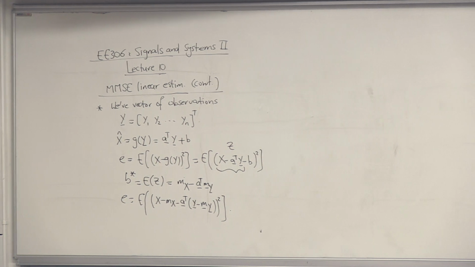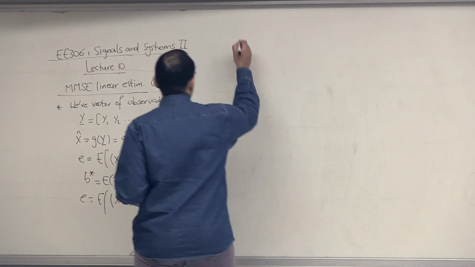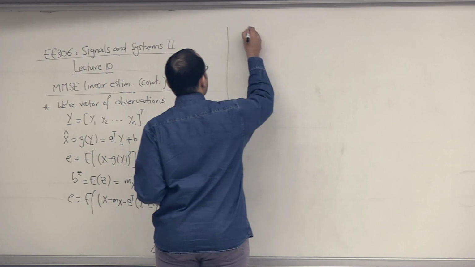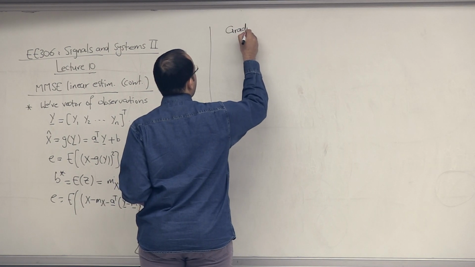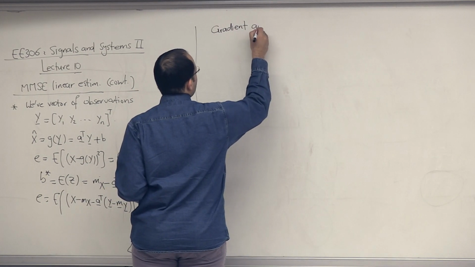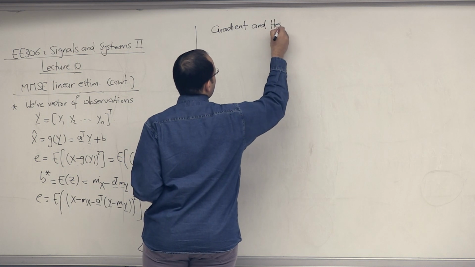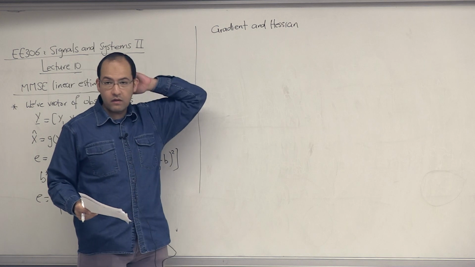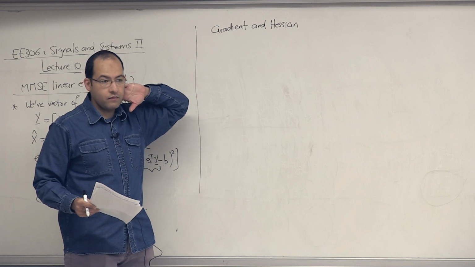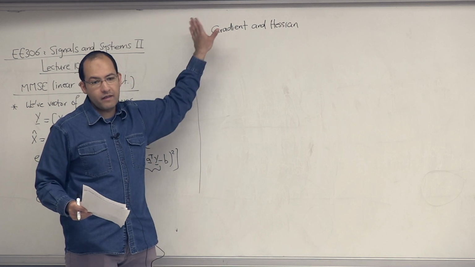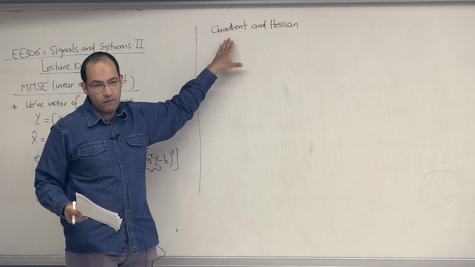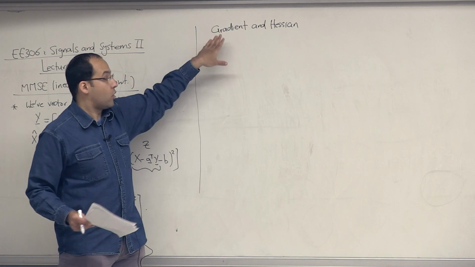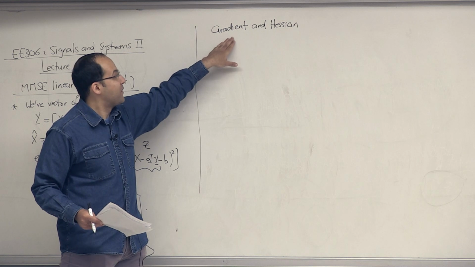It is in the body of the course, and we will talk about the gradient and the Hessian. How many of you heard about these terms before? So nobody heard about the gradient or the Hessian before? Okay, except for one. So two.